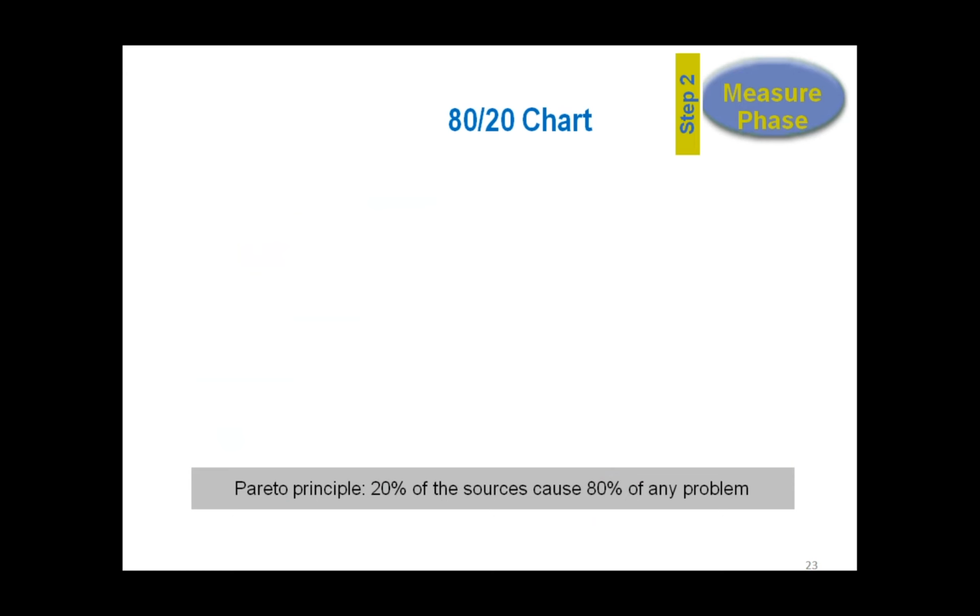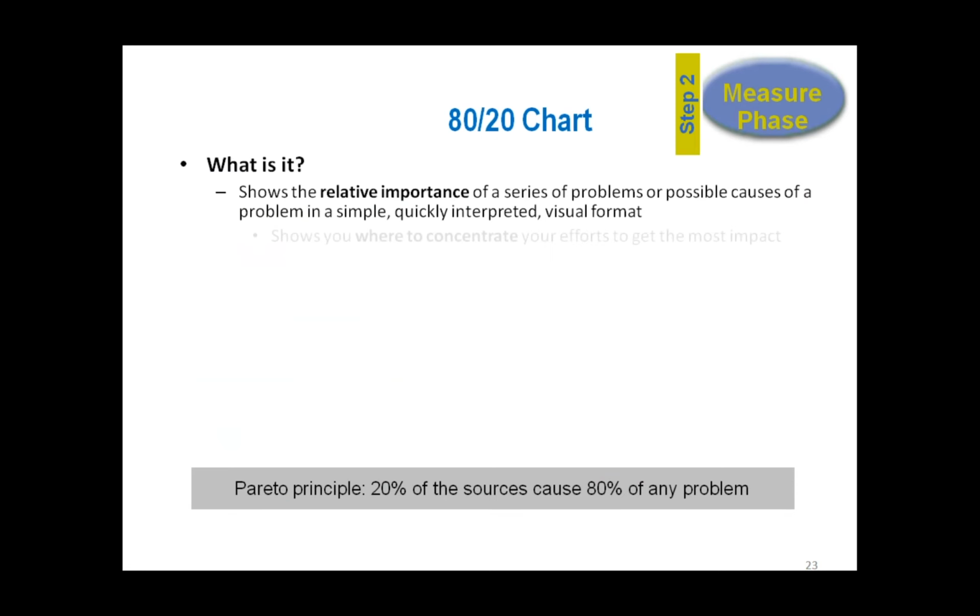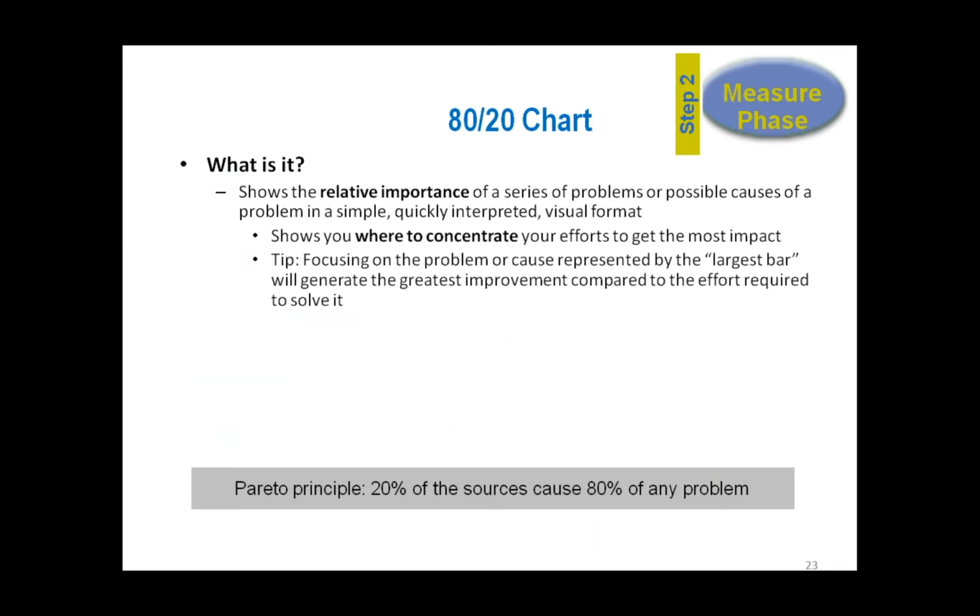So this is a prioritization tool where we identify the category of defects which need to be worked on first, and prioritize, because we cannot work on everything together. So it's a relative importance of the problems and or possible causes, and we need to understand which one to work on first, where to concentrate our efforts on.